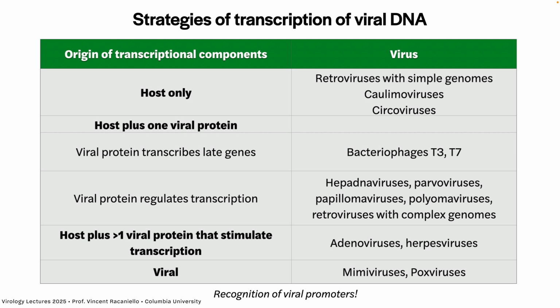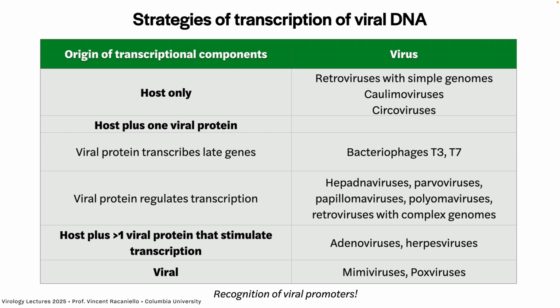And there are some where the whole transcriptional system is viral, right? Those are the ones that replicate in the cytoplasm, because they have to encode the system, since the host system is in the nucleus and they can't access it.